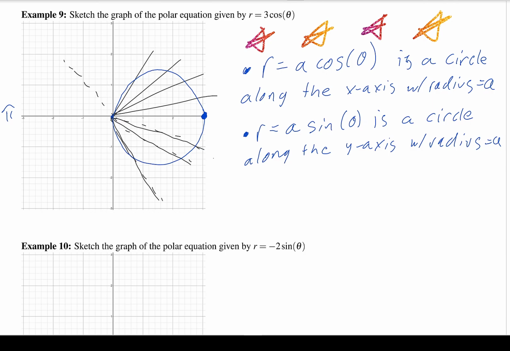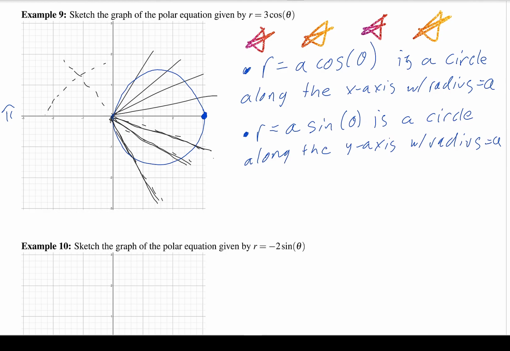The other crucial thing to notice is that, remember how I said whenever our theta's in this area, then we end up traveling along these lines down here? And so we'll end up hitting those points.